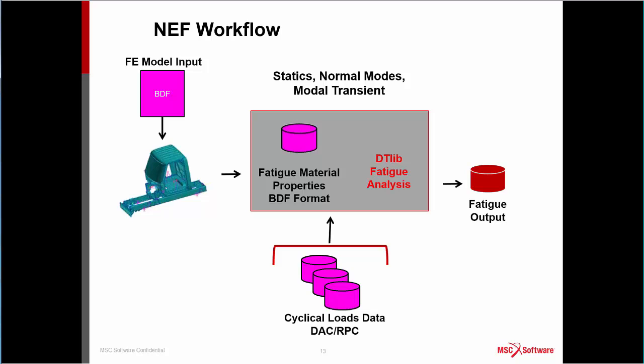Your loads database does not change. We aren't going to make you turn that into anything different or unusual. We'll read the DAC file and the RPC as they are. So we're not going to cause any difficulties in that part of your process. And the fatigue output, as I'll show you later on, you'll be pleased that it's basically the stuff that you are looking for. Not only our standard stuff, but some additional.